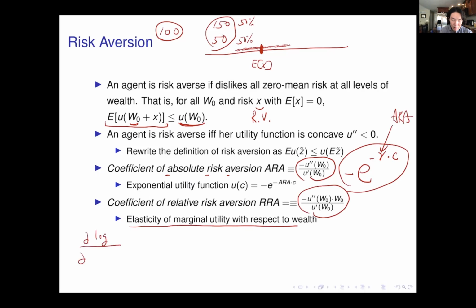Or if you take log, if you do this, then that's actually marginal utility.